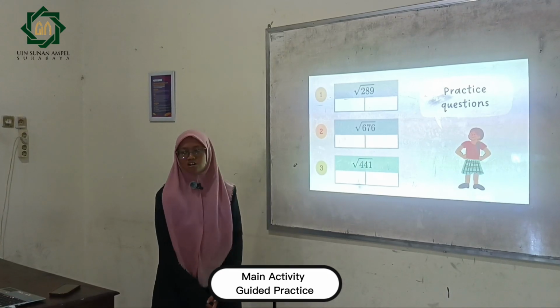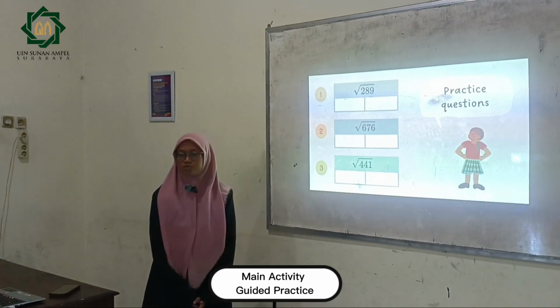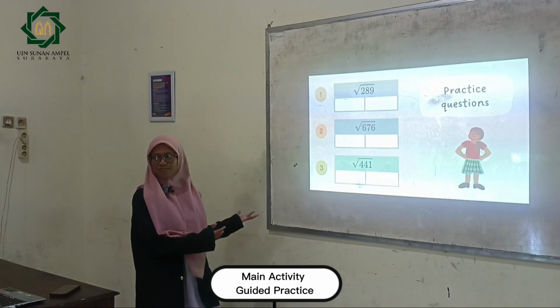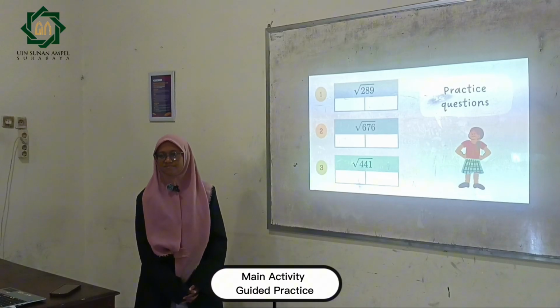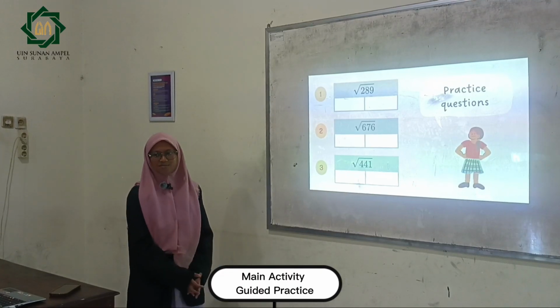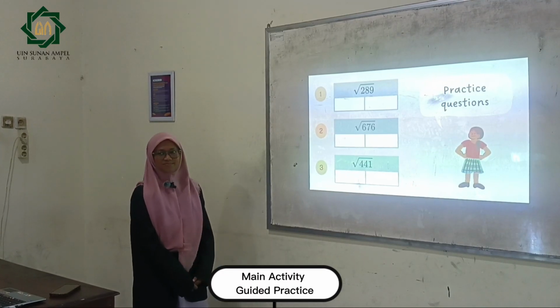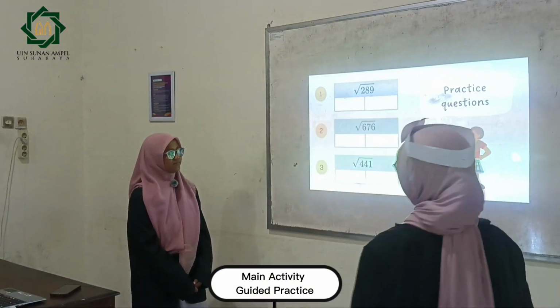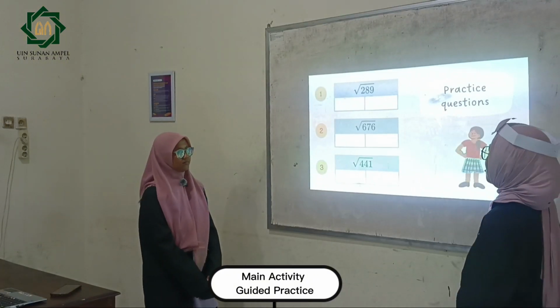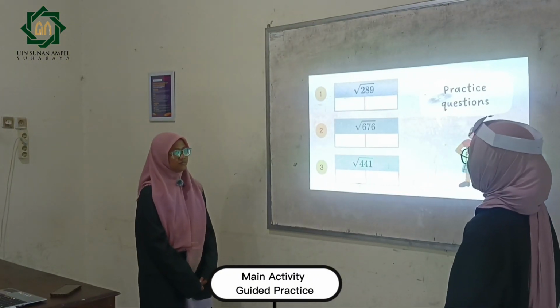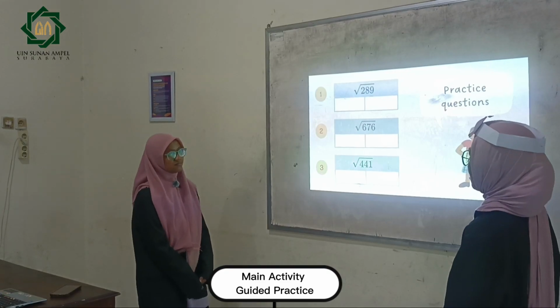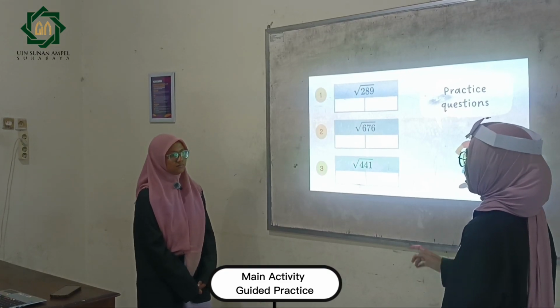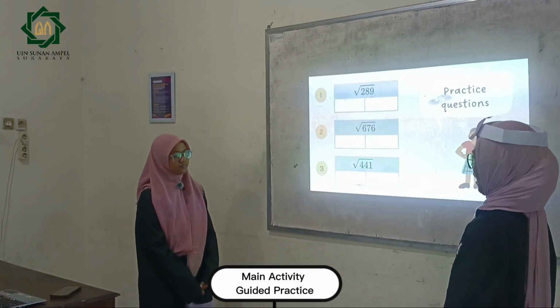Great, let's check your understanding. Who can come here? Yes, come here. Number 1, the square root of 289 is equal to 17.